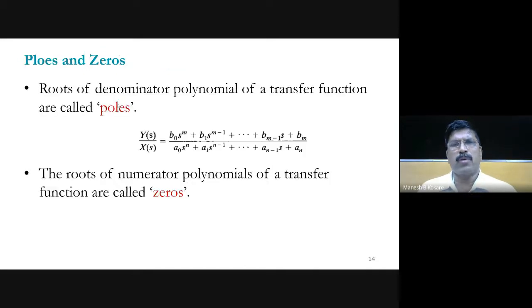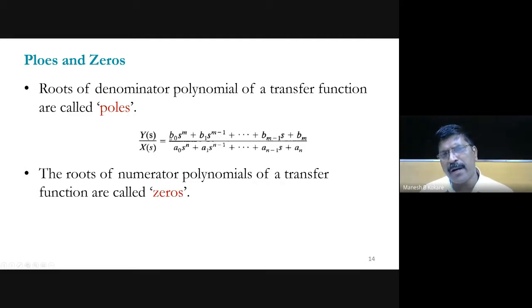Now, what are poles and zeros? As I told you, this is the denominator polynomial, and if you find the roots of this denominator polynomial, those roots are called poles. So the roots of the denominator polynomial of a transfer function are called poles.